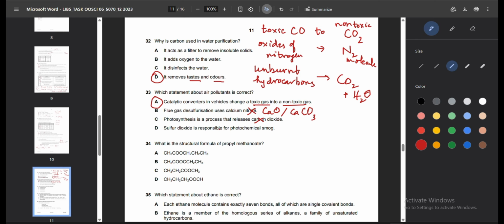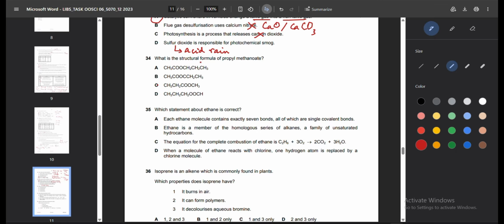Sulfur dioxide is responsible for photochemical smog. Sulfur dioxide is mainly responsible for acid rain, not for photochemical smog.